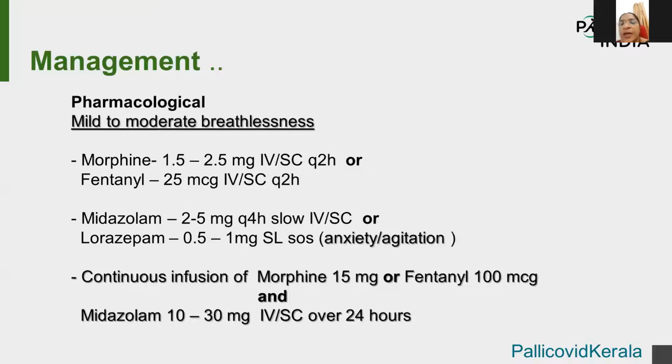So in ICU also, they might have mild to moderate breathlessness, for which we can always give morphine or fentanyl. Earlier we were giving 4-hourly, here we could give 2-hourly with midazolam or lorazepam, or we can continue infusion of morphine 15 milligrams, fentanyl 100 micrograms and midazolam 10 to 30 milligrams intravenous or subcutaneous over 24 hours.